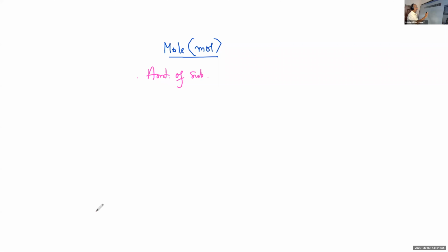So the amount of particles, atoms, molecules, or ions, whatever it is. We simply say the number of particles. The particles may be atoms or molecules or ions.